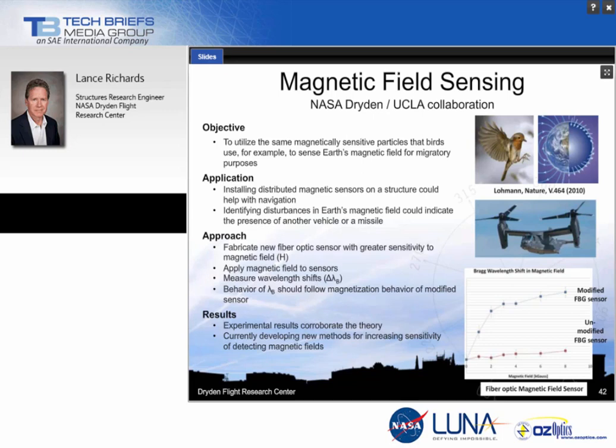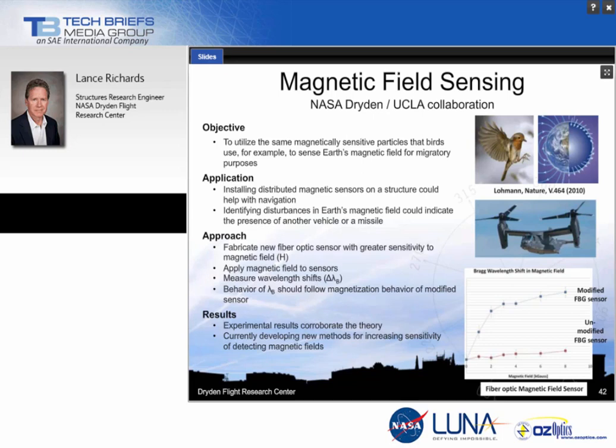By altering the sensor and incorporating it within the architecture that Alan described earlier, the aim is to have one system that can measure strain, applied loads, 2D and 3D shape, liquid level, and, on another channel, magnetic field, all at the same time. What I'm showing is some very top-level cursory results, but very promising at this point, that we've been able to alter the sensor and show that with that altered configuration, we can have a sensor that's sensitive to applied magnetic field.